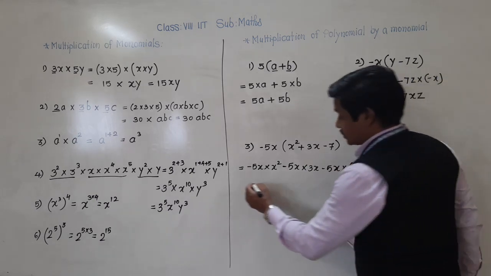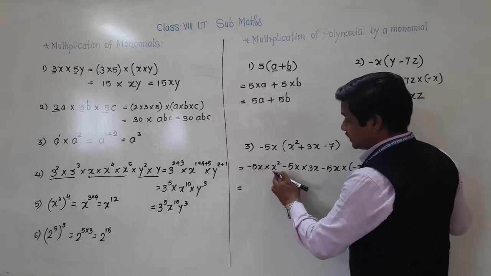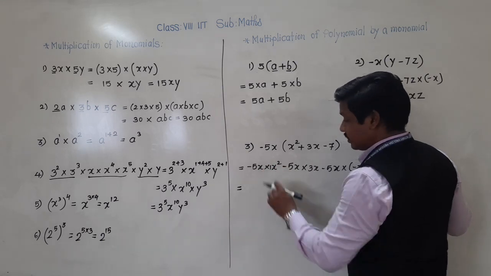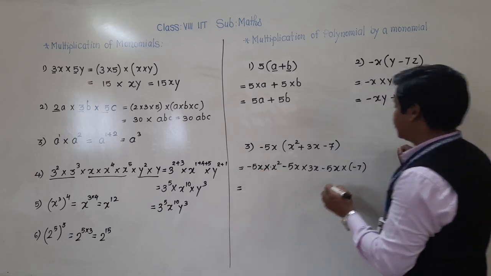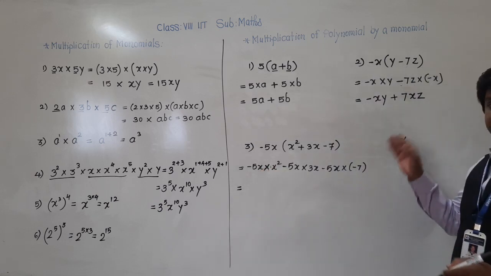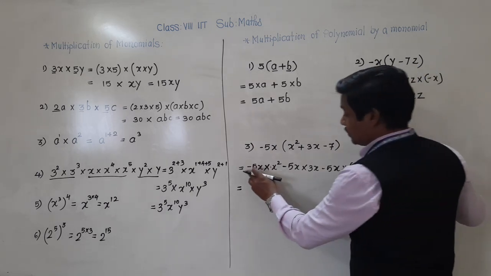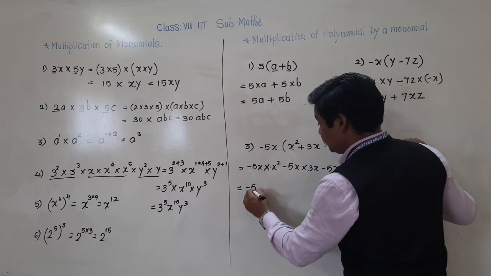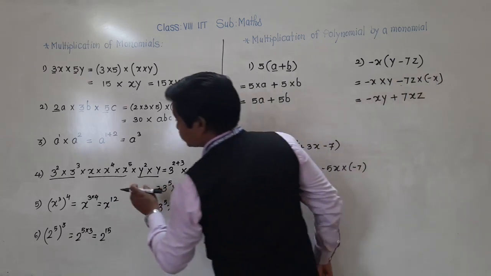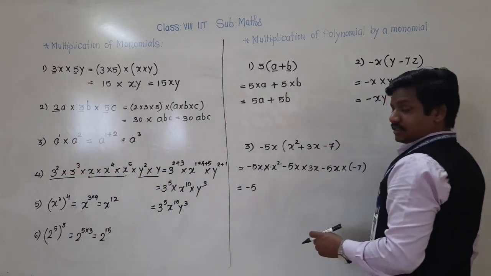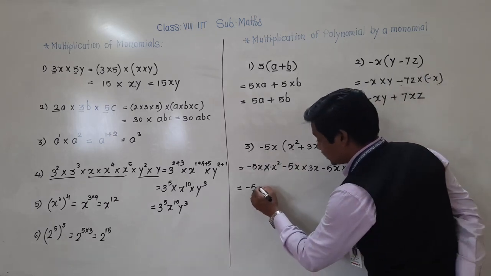Now see here. Minus 5, and this x square has coefficient 1 which is invisible. When the coefficient is 1, or if there is no coefficient and only x is there, that means it has coefficient 1. Remember this. So minus 5 into 1, minus 5x into x square. Now you have to use this rule: a into a square. Means the bases are the same and there is multiplication. What to do with the exponents? They get added.